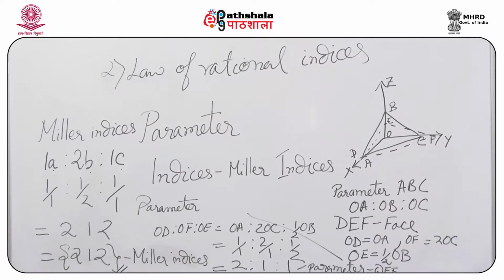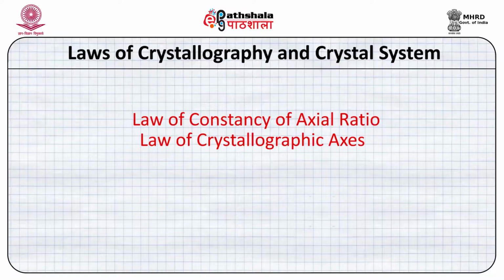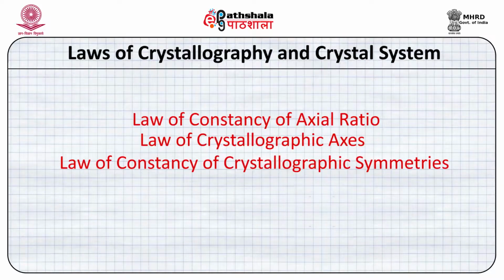Apart from these two laws, we have three more laws of crystallography: the law of constancy of axial ratio, the law of crystallographic axis, and the law of constancy of crystallographic symmetries.